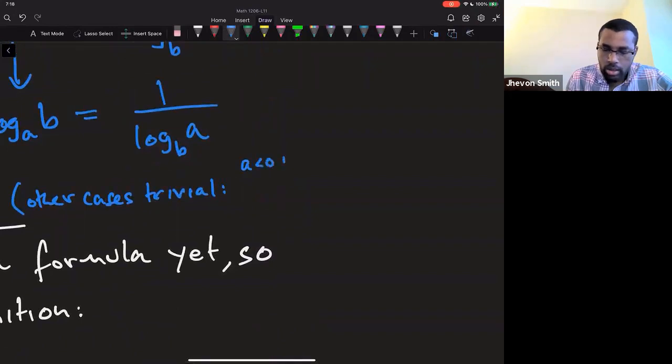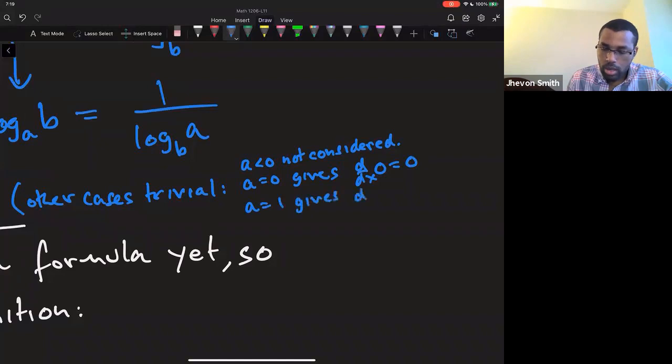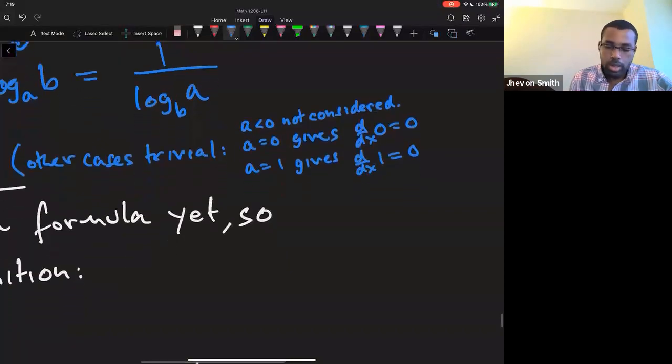A less than 0 is not considered, because remember that can lead to all sorts of craziness like complex numbers. A equals 0 gives the derivative of 0, which we know is 0. A equals 1 gives the derivative of 1, which equals 0.